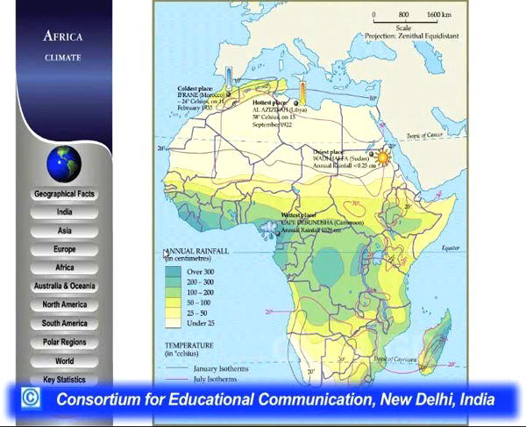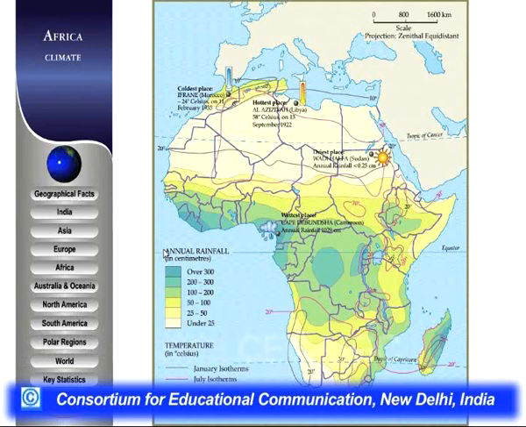On the other hand, the central part of Africa, including west coast, covering the basins like Zaire Basin, Niger Basin, these regions are very wet, very heavy rainfall, where rainfall exceeds more than 200 centimeter, with megathermal temperature, high temperature, approximately 28 to 30 degrees Celsius round the year, with very high rainfall.